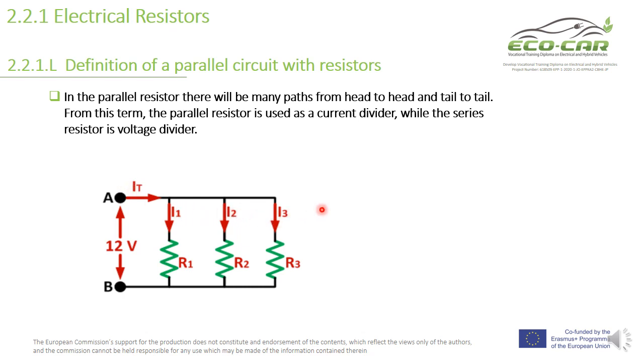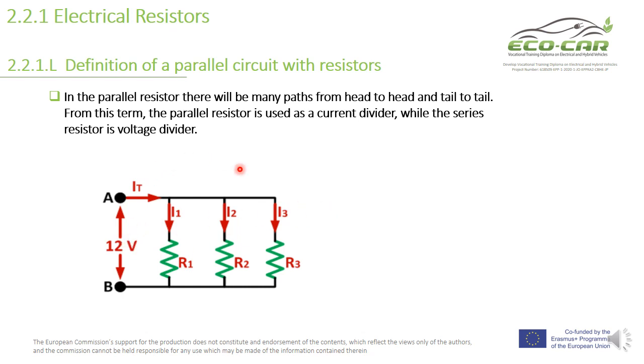While a series circuit is a voltage divider, the voltage here is divided into V1, V2, V3. But here we have the same voltage, 12 volts, across R1, across R2, across R3. So the voltage is the same. We have multiple paths for the current, so it is a current divider, but in a series circuit we have a voltage divider.